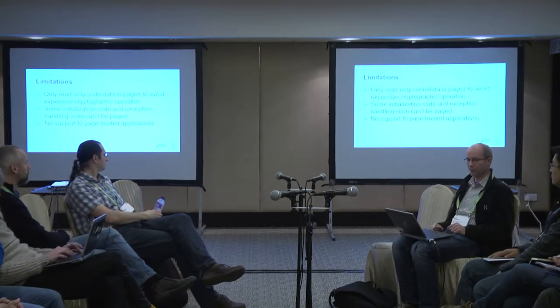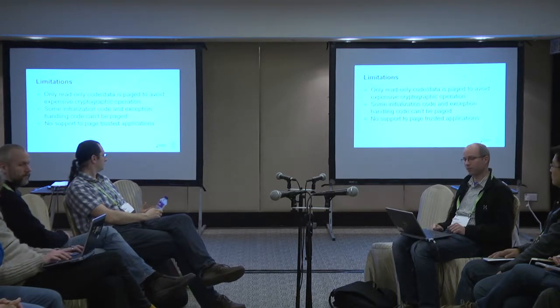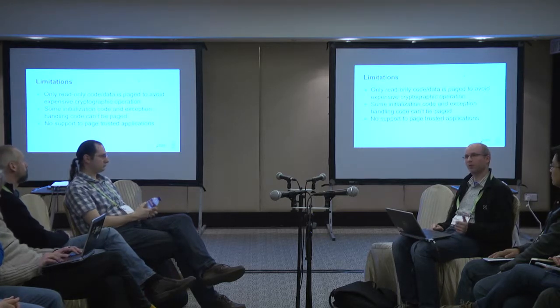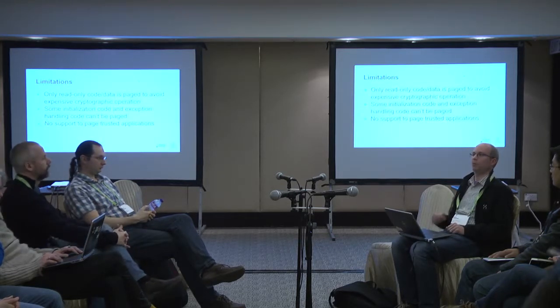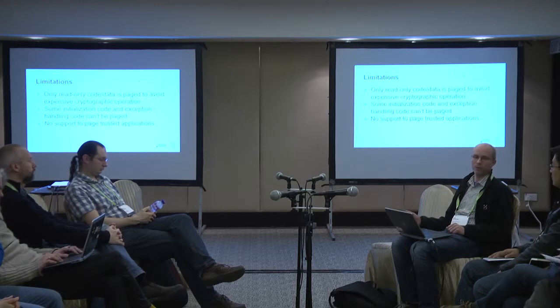So we have some limitations on what we can do with the pager. We can only page read-only data, since it would be quite expensive to do encryption and all that would be needed when we do a page out, and also it would be a bit more complex.